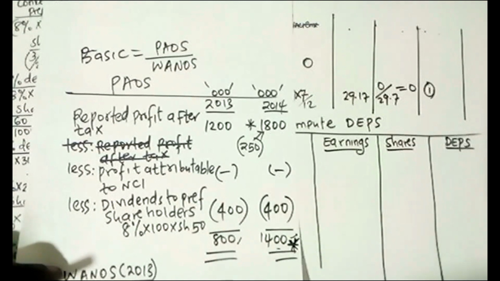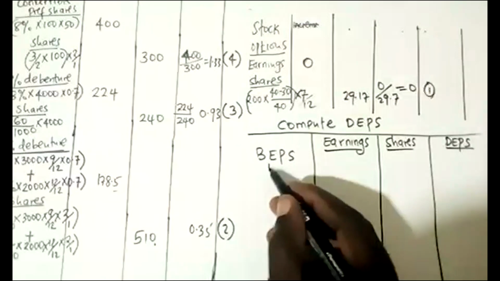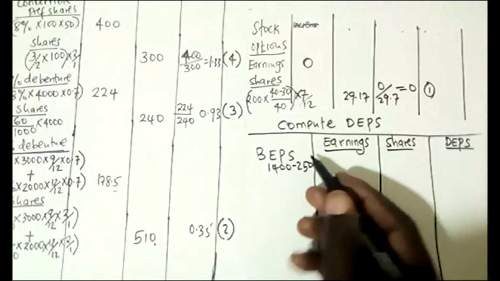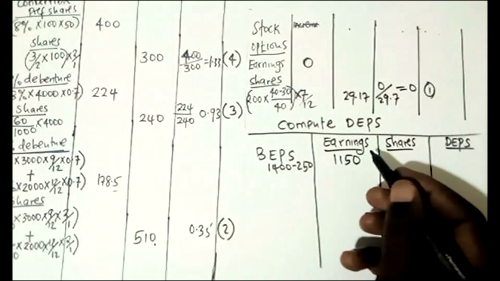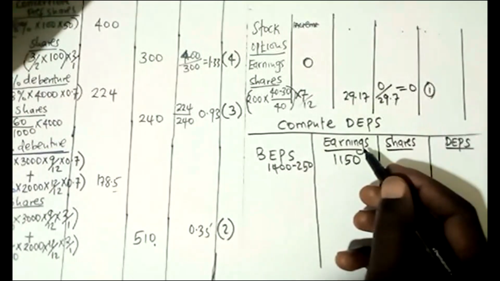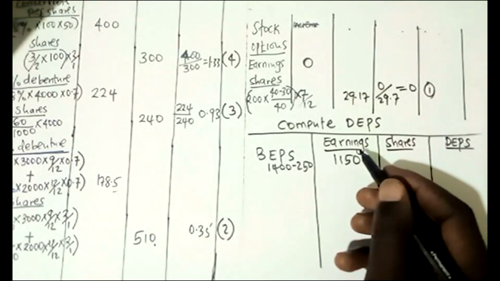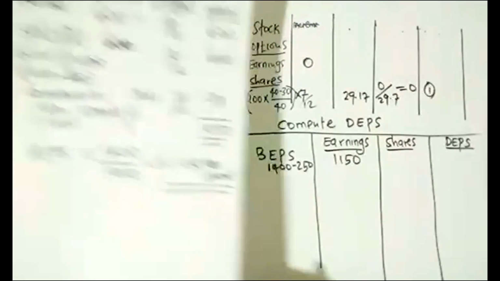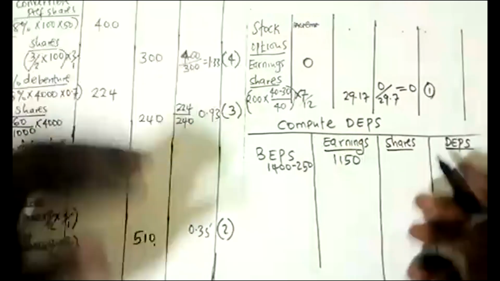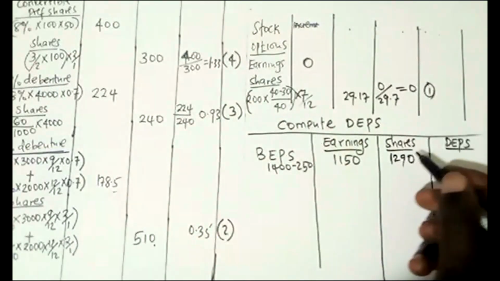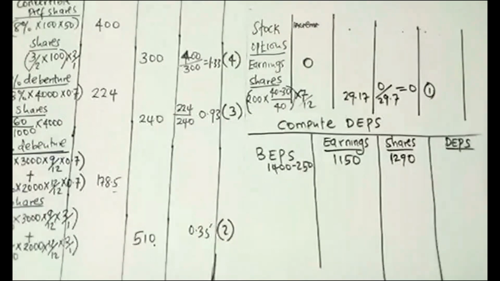So 1400 minus that 250 without doing a lot of processes, this is 1150. The shares in 2014 were 1290. So you take 1150, you divide by 1290, 0.89.